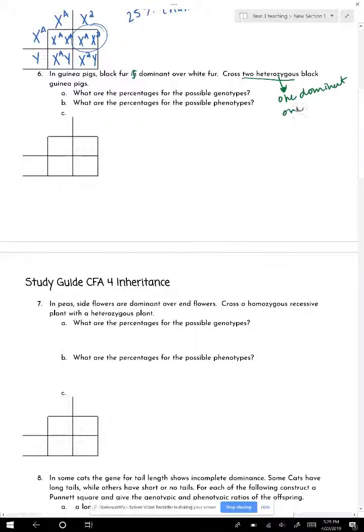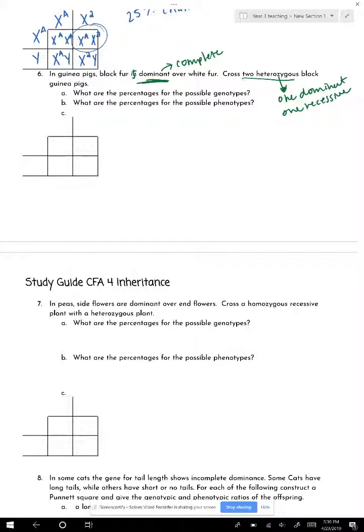So that's what it means to be hetero. So one of both, right? And then it says black is dominant over white. So this means that it is complete dominance, right? So if you're completely dominant, it means that you're either a black guinea pig or a white guinea pig. So there's no gray guinea pigs, no spotted guinea pigs, none of that business, right?